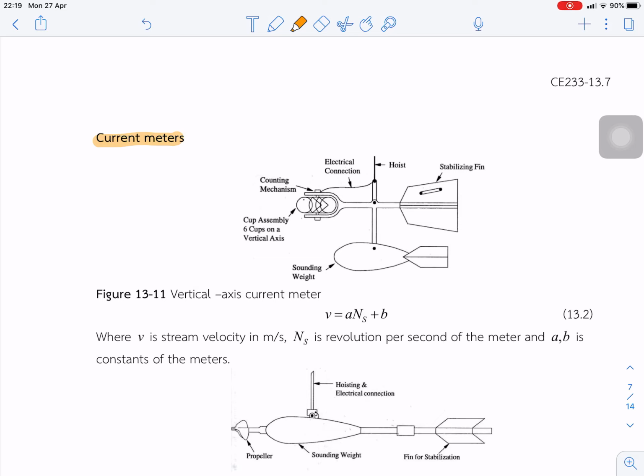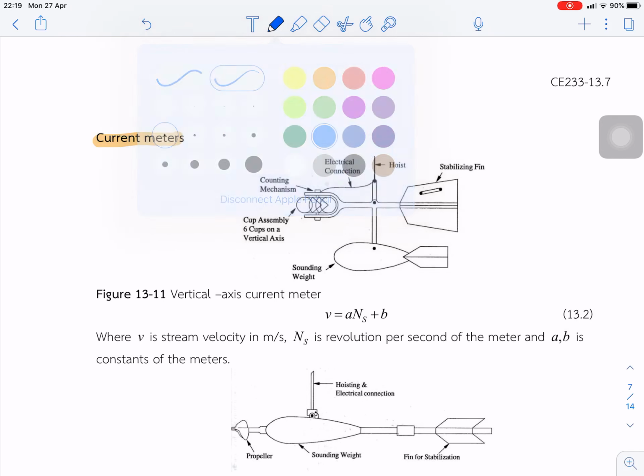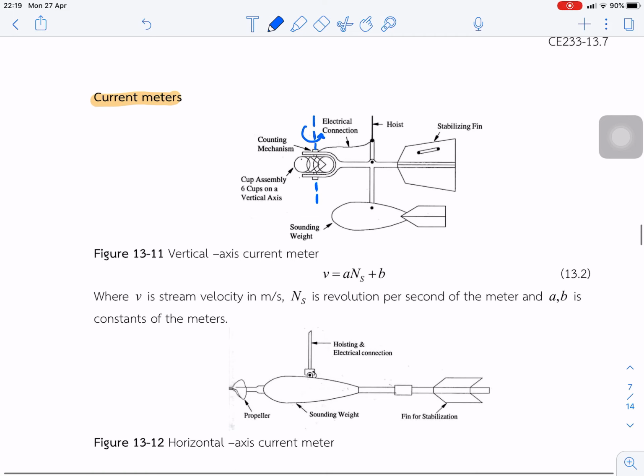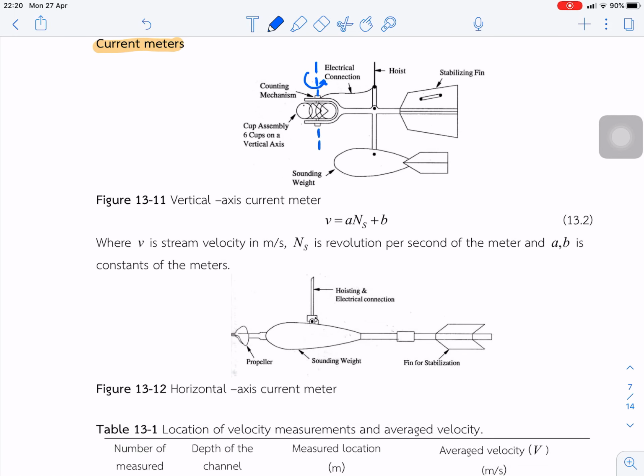This is a vertical axis current meter, so it moves around a vertical axis when the water hits the cup. Another type moves like this, called the horizontal axis.